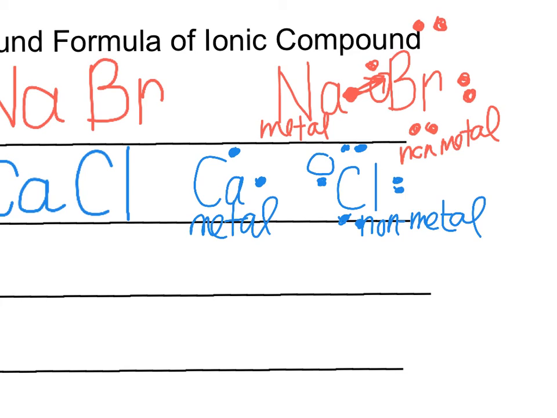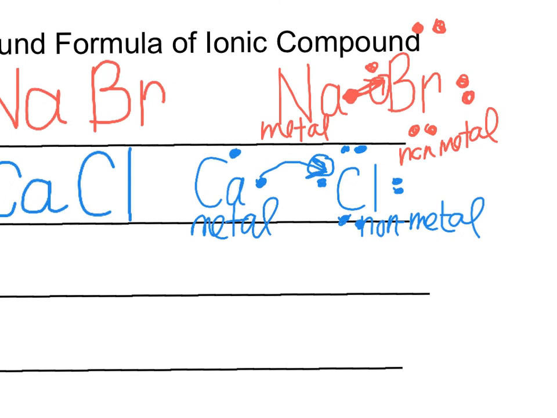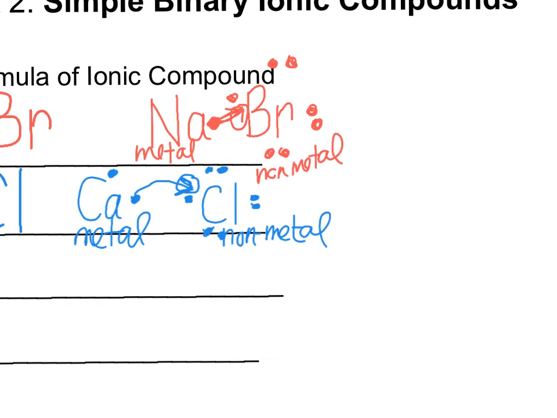So 1 for sure will go. Well, what's going to happen to the other one? Hopefully you predicted that another chlorine is probably involved. So 1, 2, 3, 4, 5, 6, 7, because there's always 7 electrons in its valence shell.